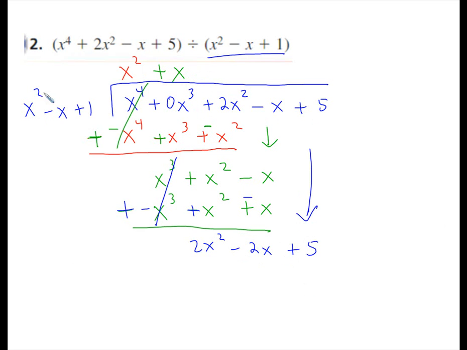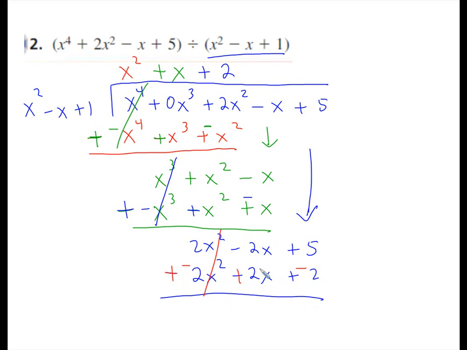Something times x squared will give us 2x squared. So that'll be positive 2. So I get positive 2x squared minus 2x, and then plus 2. Subtract. So that means to add the opposite. That'll become a plus. Everything becomes the opposite down here.